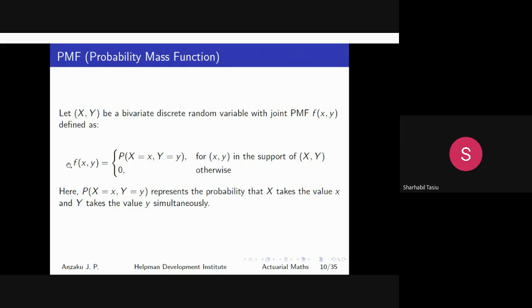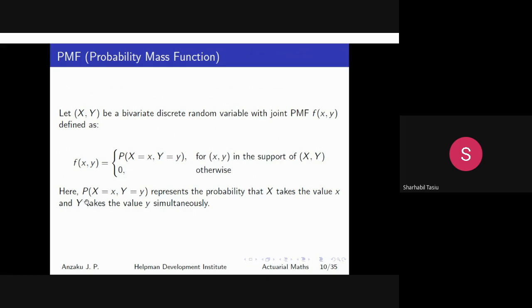So therefore, we can define the PMF of a joint random variable as f(x, y) equal to the probability that X equals small x and Y equals small y, for (x, y) in the support of (X, Y), and it is zero otherwise. That is, if it's not in the support of (X, Y).